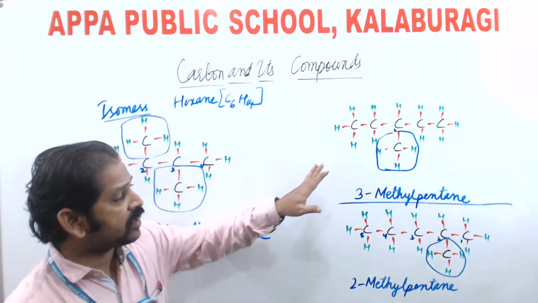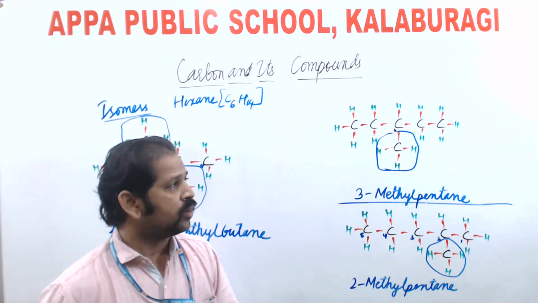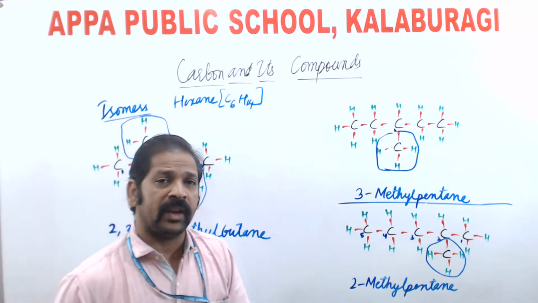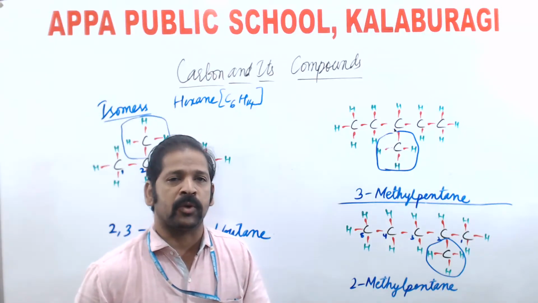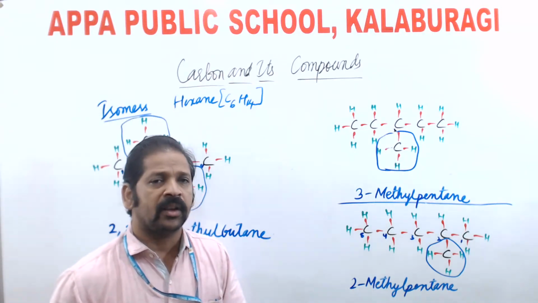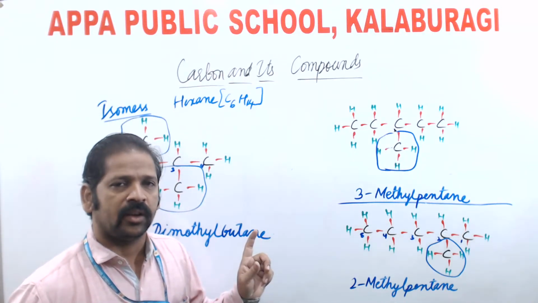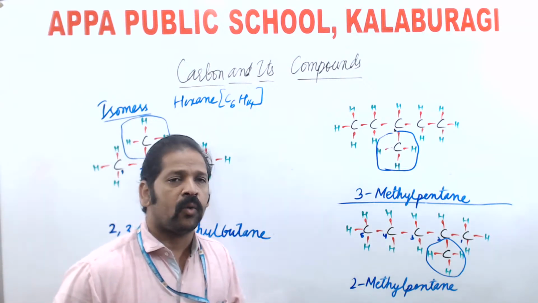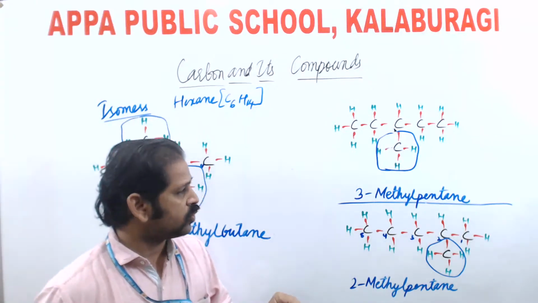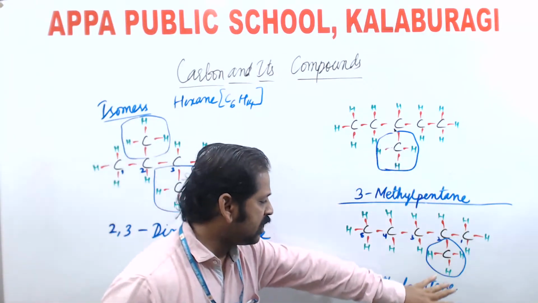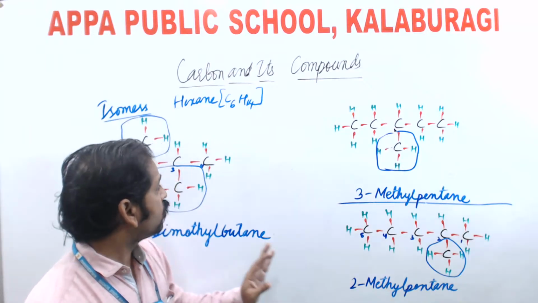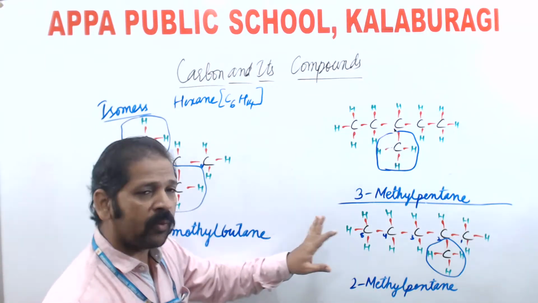Once again they asked this question in different CBSE board question papers, once in the Chennai region, once in the central region. So only this question is most important, so we have to go for it.